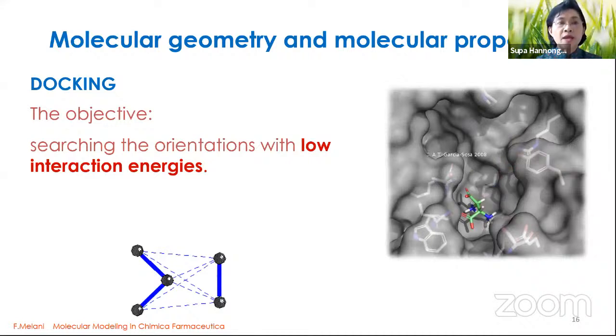Some of you, I'm sure, have heard about this, and even some of the senior students or academic staff may use docking. It's very simple, okay? Based on the method of molecular docking, the objective is to search for the orientation with low interaction energy.